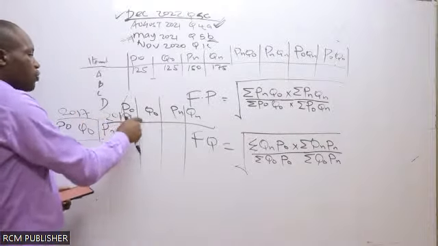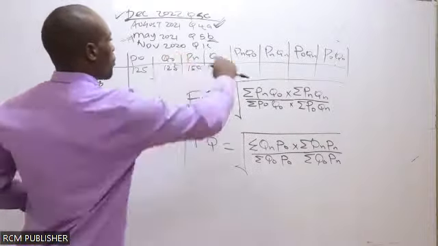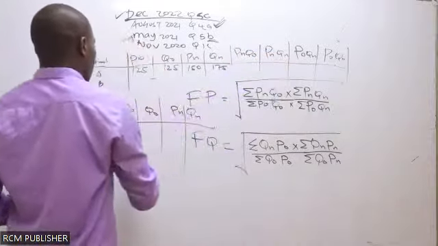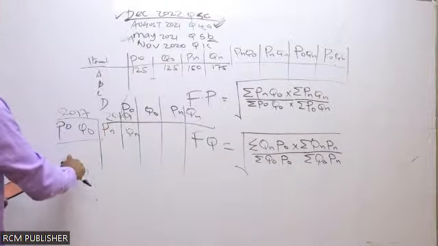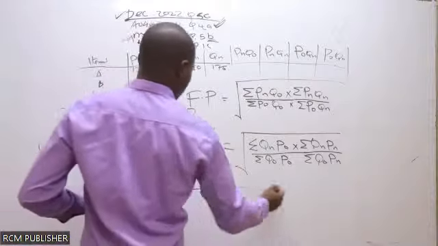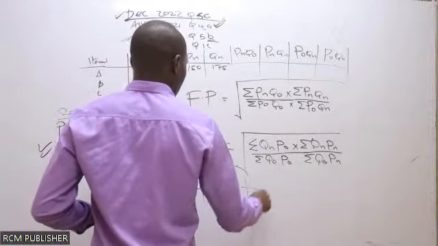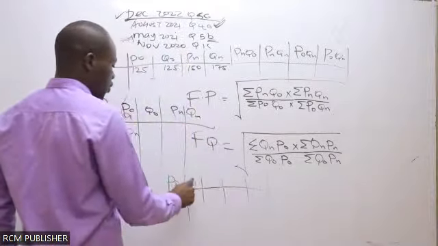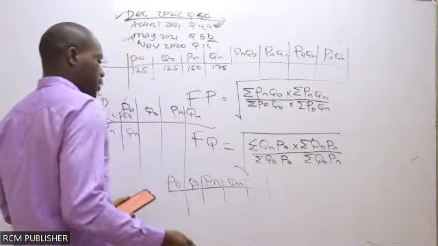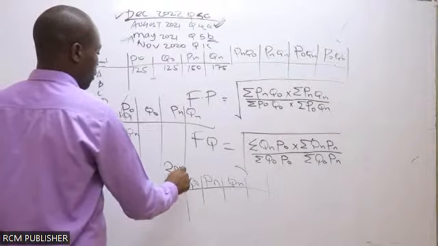You work it out, you get your PN, QO, PN, QN. Calculate everything using the values for 2019. Once you are done, you come up with another table. You have your PO, QO, PN, QN. They have said use 2017 as the base year.